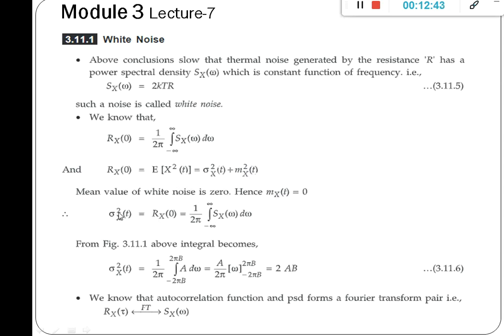So sigma x square of t is equal to Rx of 0, and that is equal to 1 divided by 2 pi integration from minus infinity to plus infinity Sx of omega d omega. So the value of this variance is equal to 1 divided by 2 pi.